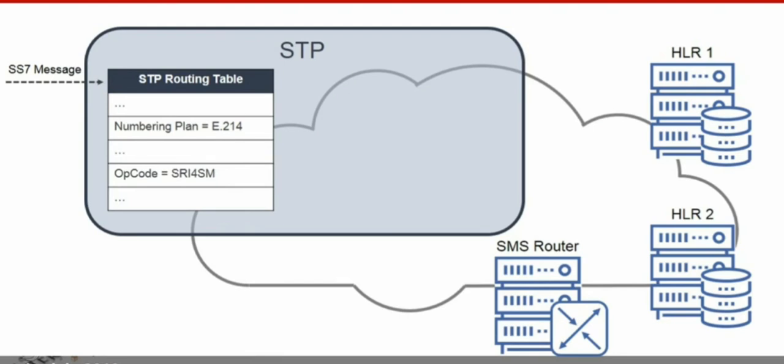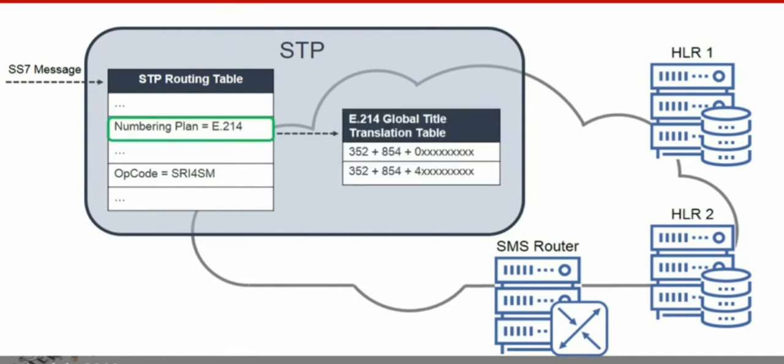And now, let's look inside the STP and see how it works. When the STP receives any signal message, this message goes to the routing table. If the routing table defines the numbering plan of the destination node as E214, the third identity type, it should involve one more translation table and define the destination HLR by subscriber-related digits.